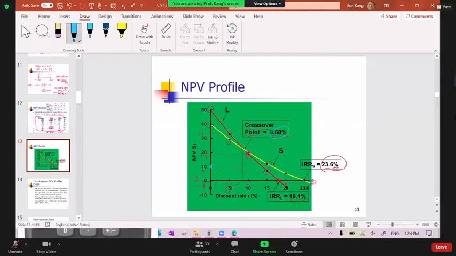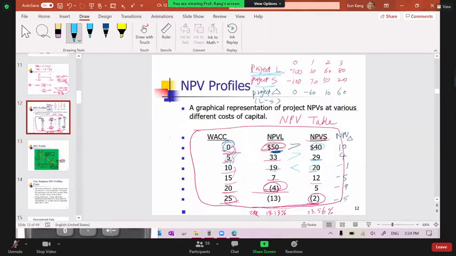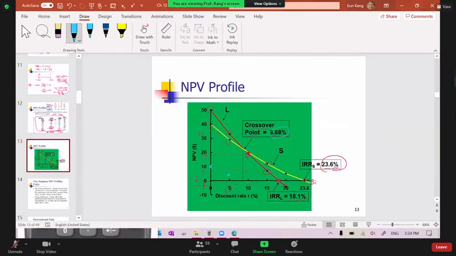So you draw at 5, it is 4 here. And at 10, there is negative 1. So you can stop there. Then what? You connect those points like this, right? And this is project delta. So the net present value profile of project delta is like this.